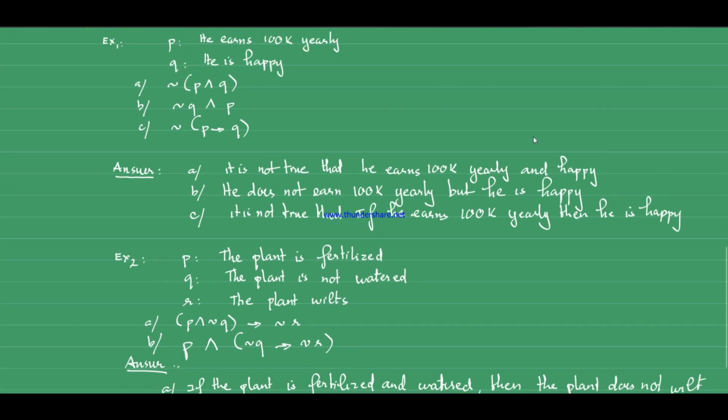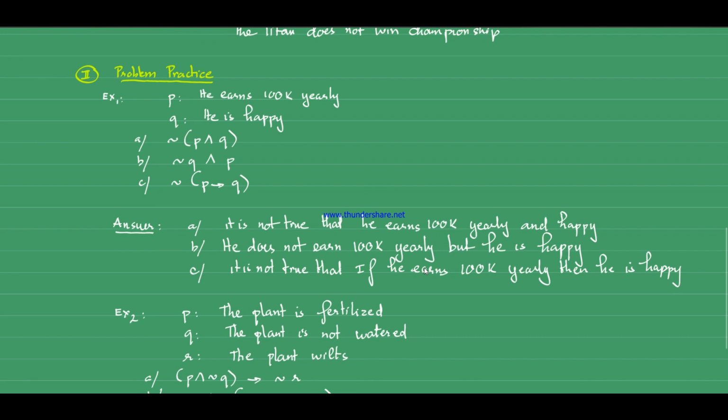Okay, so now you see that in the first two examples, the symbolic statements contain parentheses. Now what if it does not contain parentheses? If it does not contain the parentheses, then you have to be careful and see what compound statement you should do first.